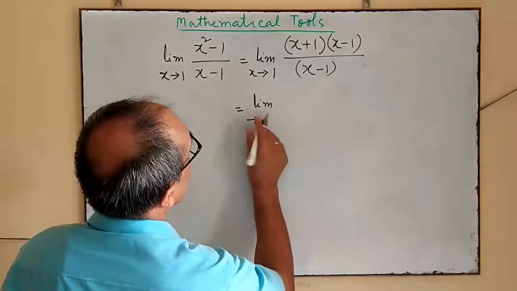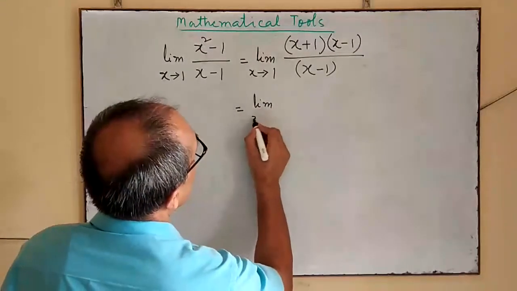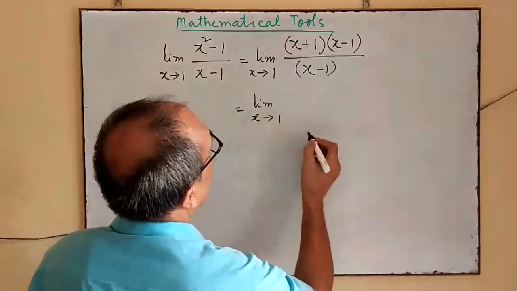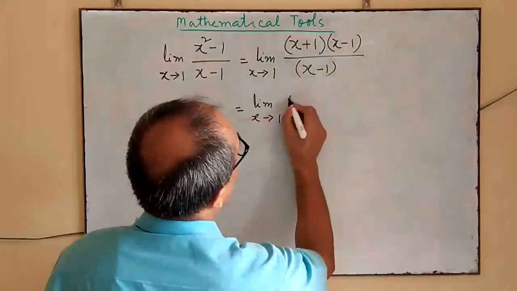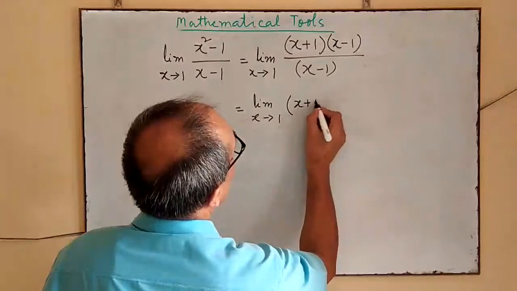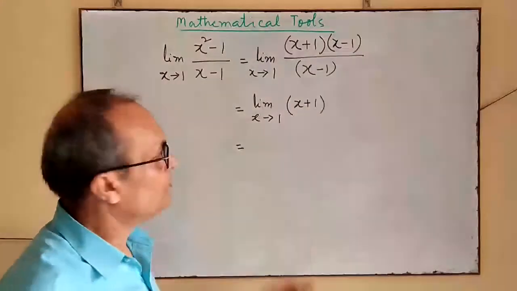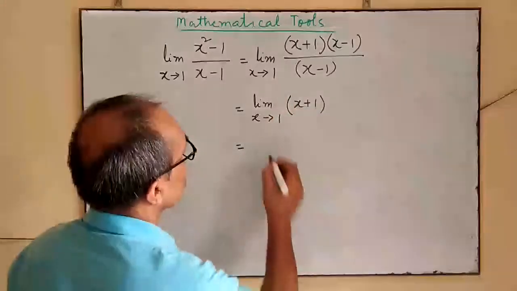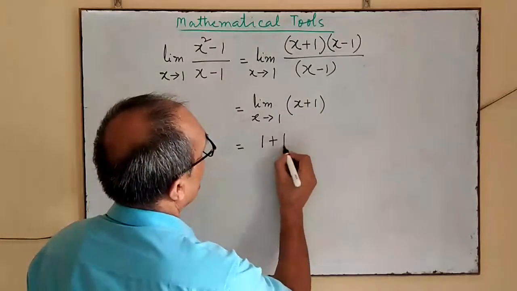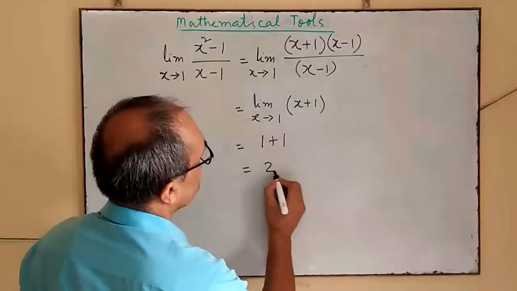Here this will be cancelled, then x plus 1. Now taking the limit, putting the value of x as 1, then 1 plus 1 equals 2.